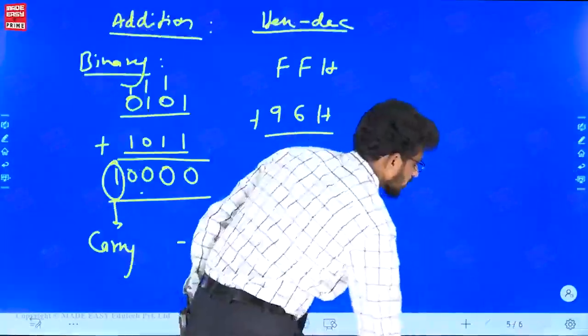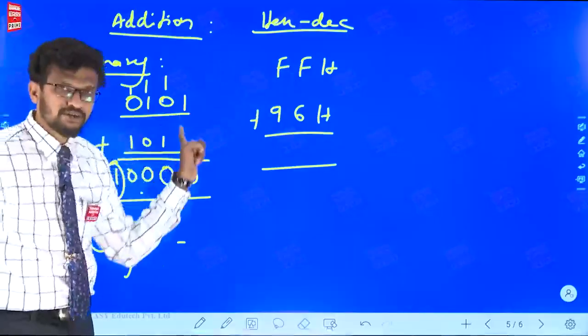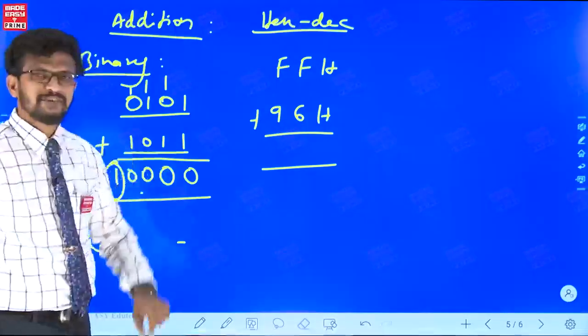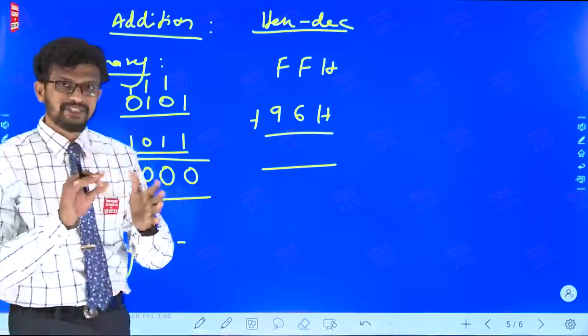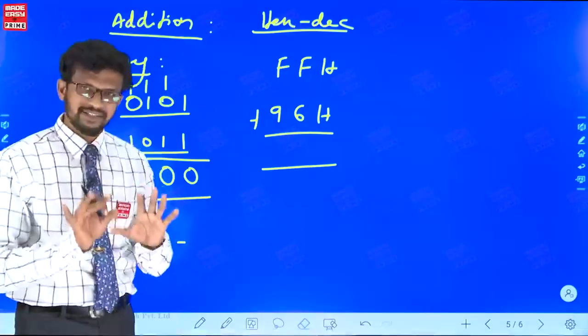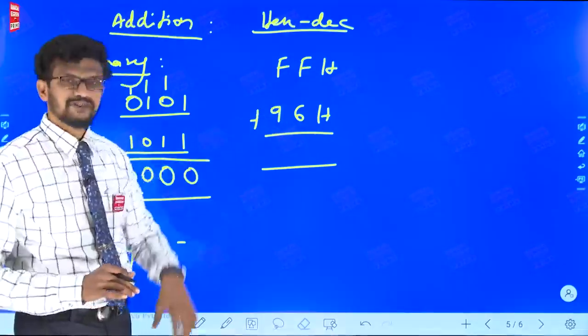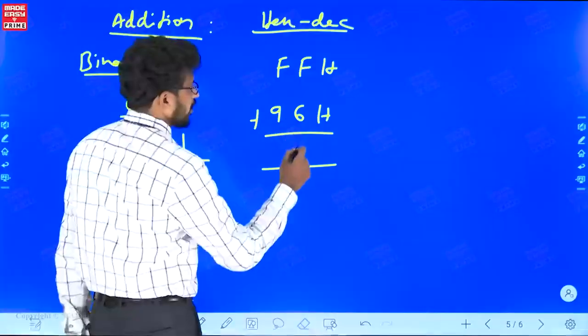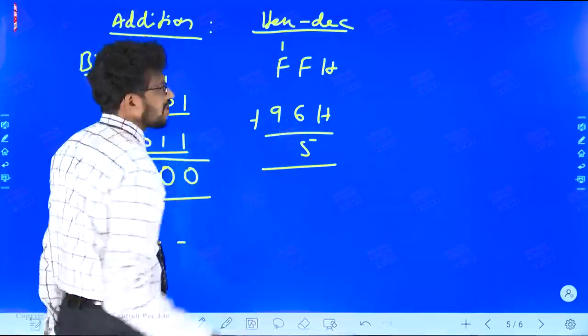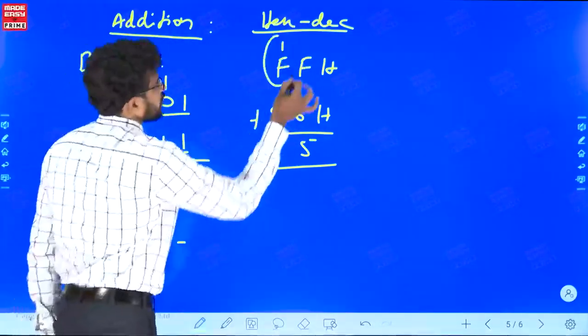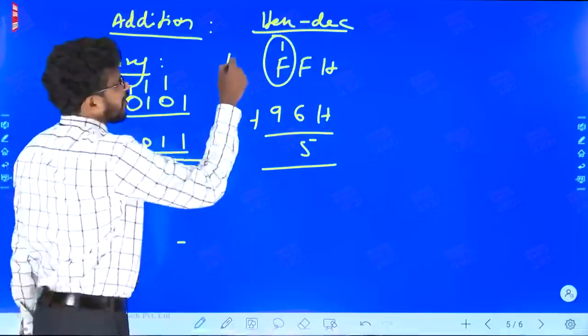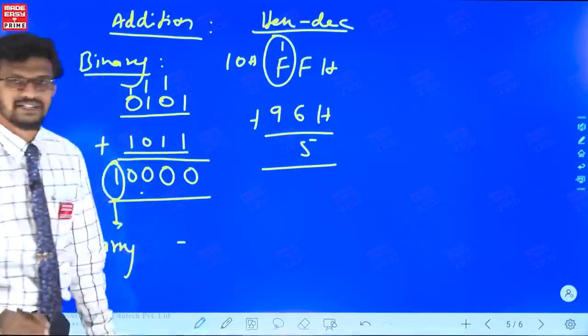Now come to the point. Observe, apply those two points. F plus 6. What is F plus 6? Don't go for conversion, 15 plus 6, 21. Don't do that. Do it simply. F plus 6 is whatever added minus 1, with 1 carry. What is 1 plus F? 10H, right?